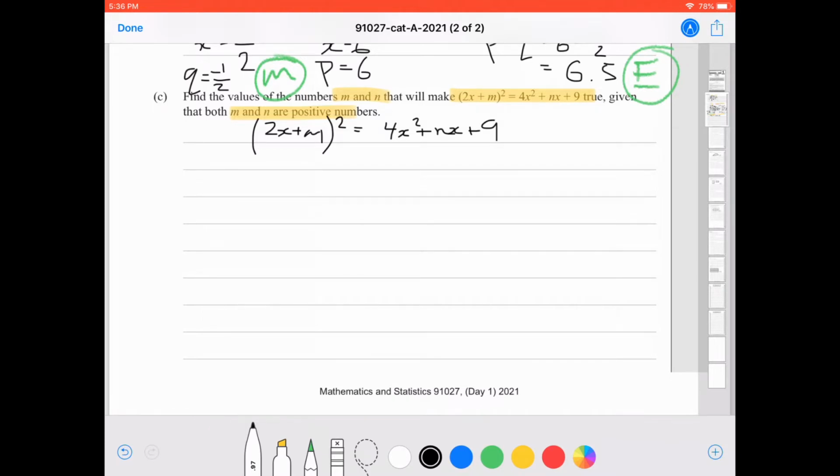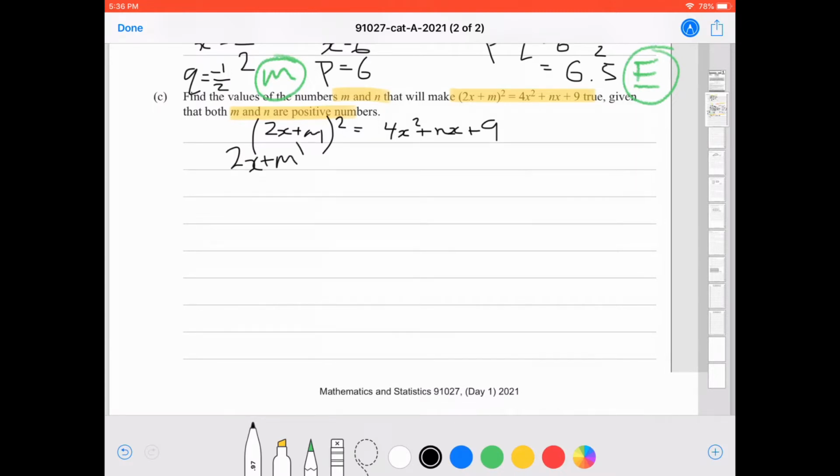They're asking us to find the values of m and n. If we look at our right hand side, which is in expanded form or quadratic form, there's not really much we can do here. Let's take our left hand side and expand these brackets.